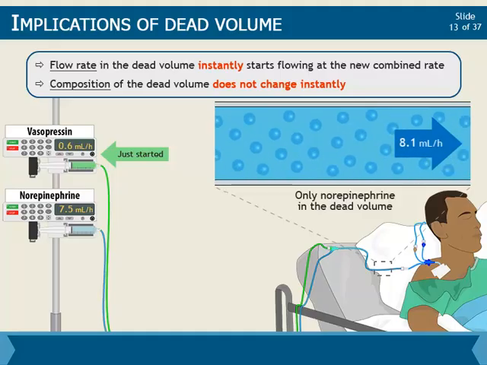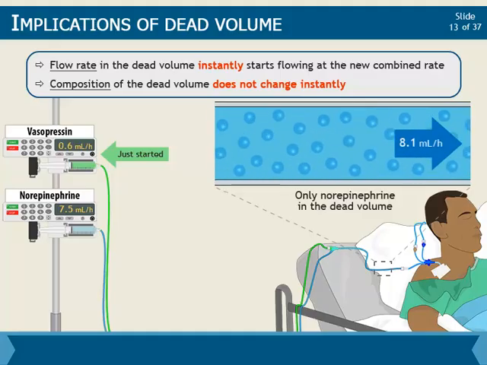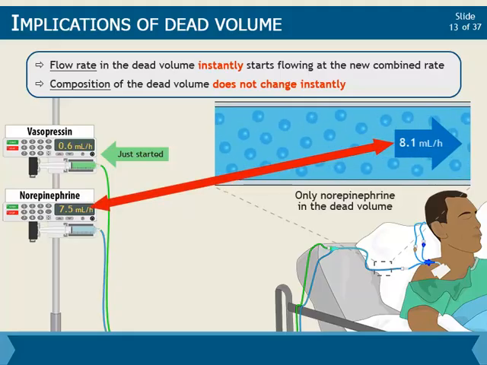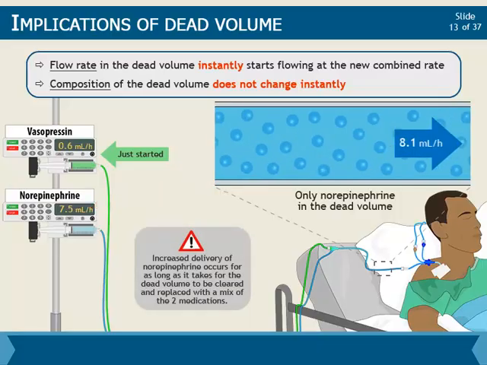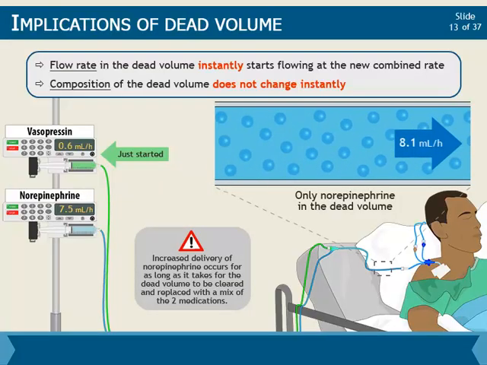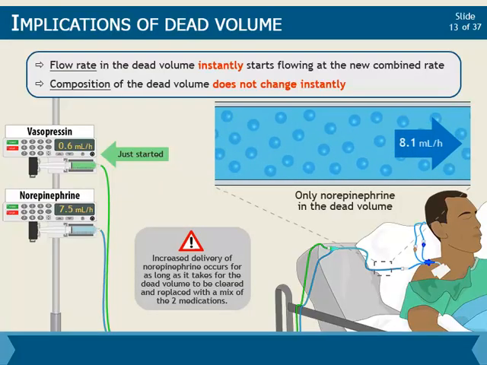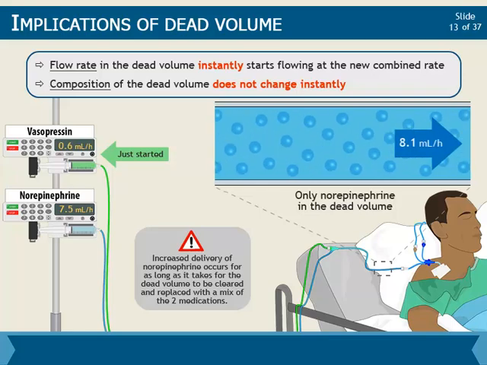After starting the new infusion, the norepinephrine initially in the dead volume is suddenly being delivered faster than the flow rate programmed on the pump. This increased delivery of the norepinephrine occurs for as long as it takes the dead volume to be cleared and replaced with a mix of the two medications.